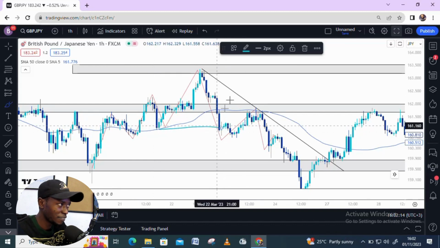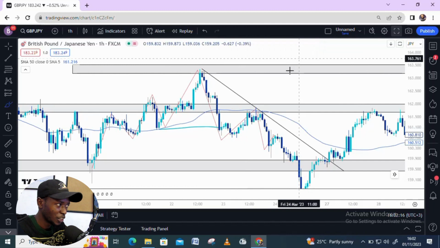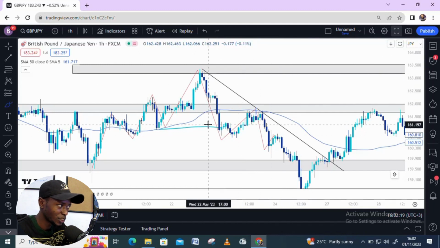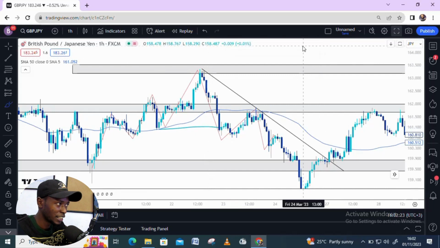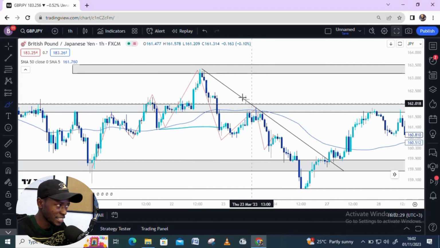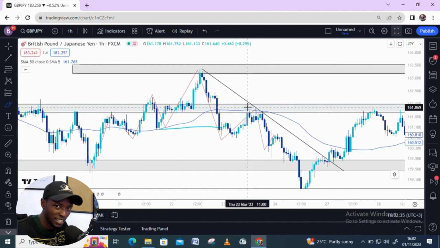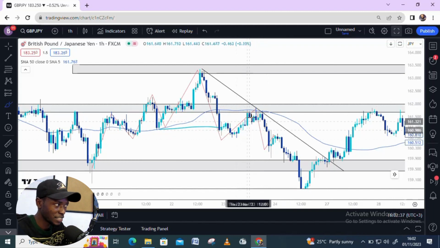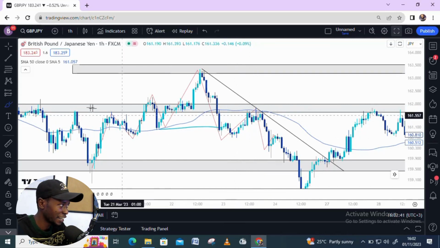After finding our first break of structure, we wait for a high to form. We are now utilizing two things you learned. So this is the trend line, this is the support zone. So this is our sell area. Why is this our sell area? Because price is forming a series of lower highs.